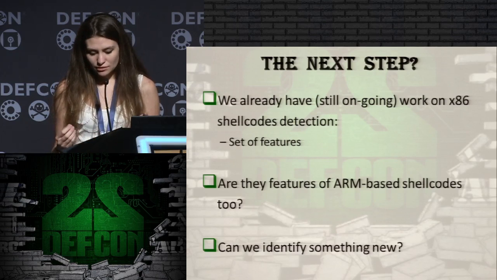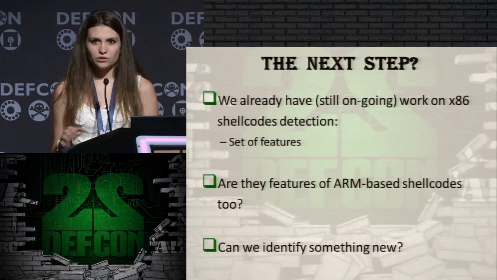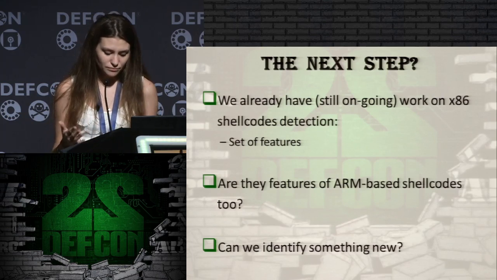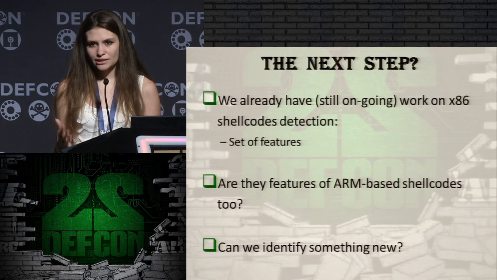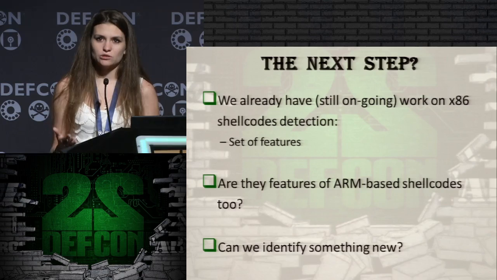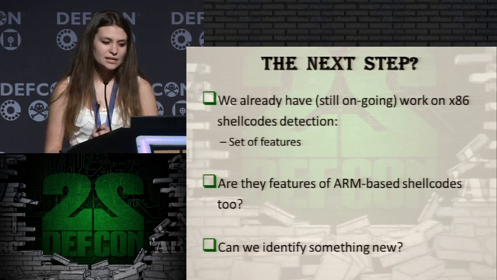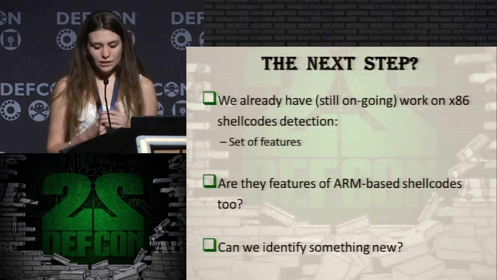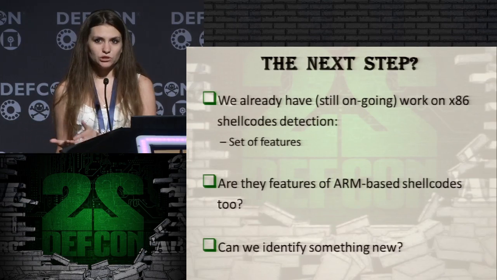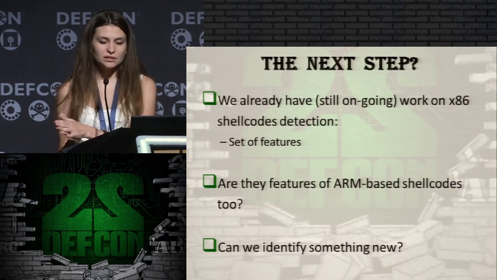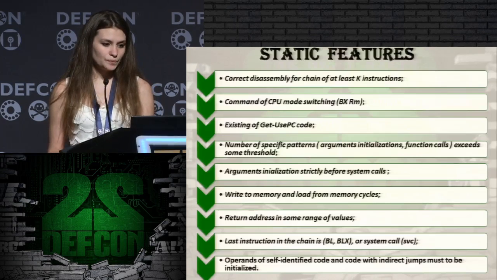I mean features not of the payload; it's not signature based, it's specifically behavior based, and it tries to analyze specific types of obfuscation typically used by shellcode writers. And for now we want to understand other features applicable to the ARM-based platform, and whether we can identify something new.